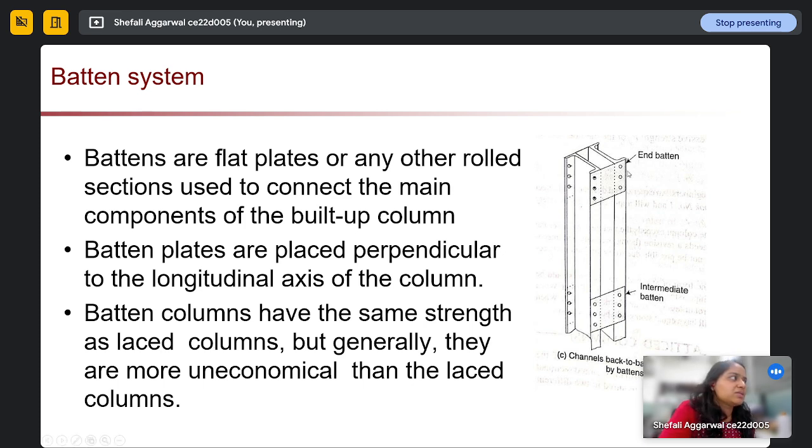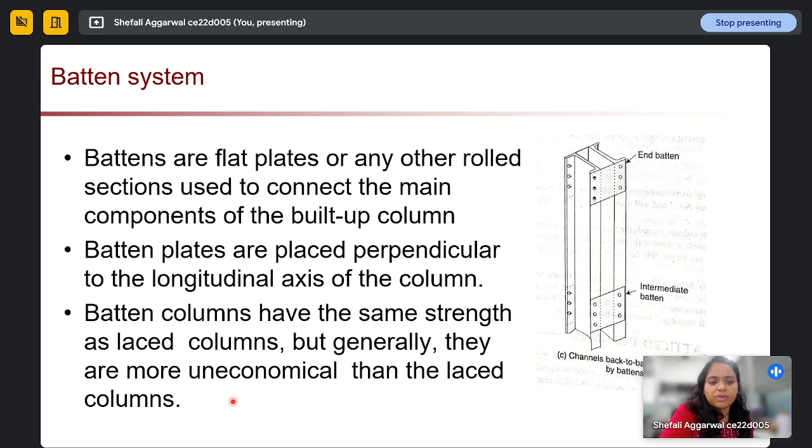These batten systems connect two channel sections or any section using a flat plate. These are called battens. Battens are flat plates or any rod section used to connect the main components of built-up columns. They are normally placed perpendicular to the longitudinal axis of the column, and they have the same strength as a laced column, but they are more uneconomical than the laced column.